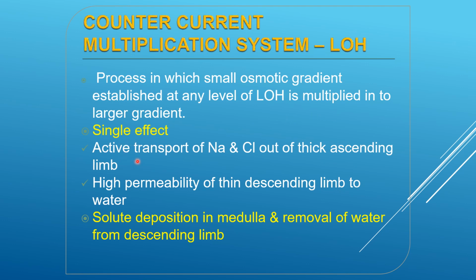So it is a single effect: active transport of sodium and chloride out of the thick ascending limb and high permeability of the thin descending limb to water. Solute deposition in the medulla and removal of water from the descending limb takes place in the loop of Henle. So in the medulla, the solutes will be deposited into the interstitium and water will be removed from the descending limb.